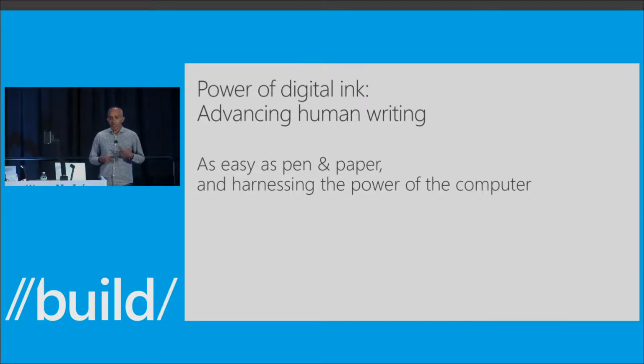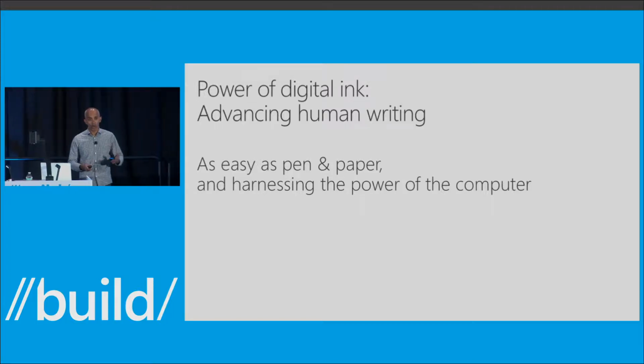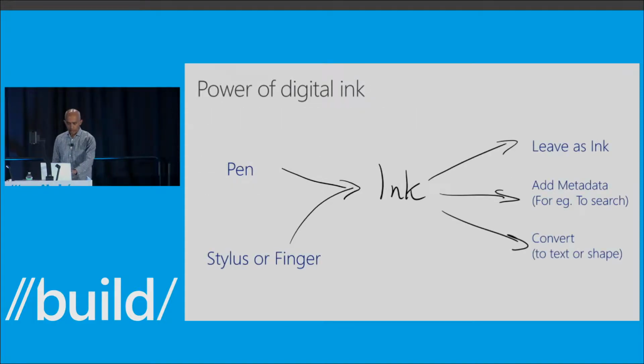I believe that digital inking is the next frontier for human creativity and productivity. Imagine what we could do if we could make inking on devices as easy as pen and paper, but also harness the power of the computer to do things we couldn't do on pen and paper. This opens up several new possibilities.